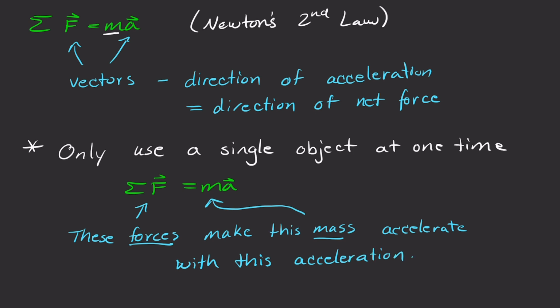Okay, so if you have multiple masses, you need to do Newton's second law for each of them, and you can sum up the forces on each mass, and then you'll set it equal to that object's mass times its acceleration. Okay, so when you have multiple objects, you have to treat them separately.